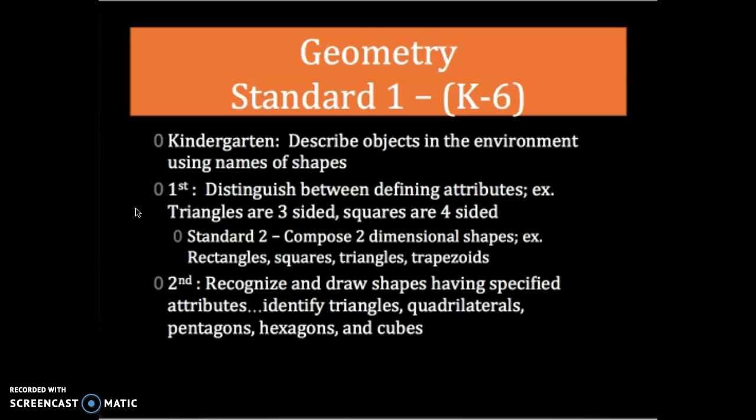So before, where they were drawing triangles, they have to be able to identify those triangles and draw them, or be given instruction and told there's a shape that has 3 sides, connect them all together at points. They need to be able to figure out that that's a triangle. That's a goal in 2nd grade.